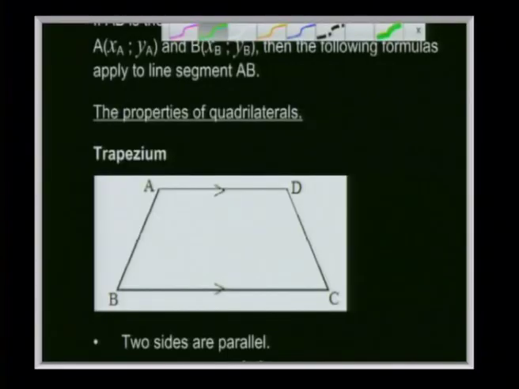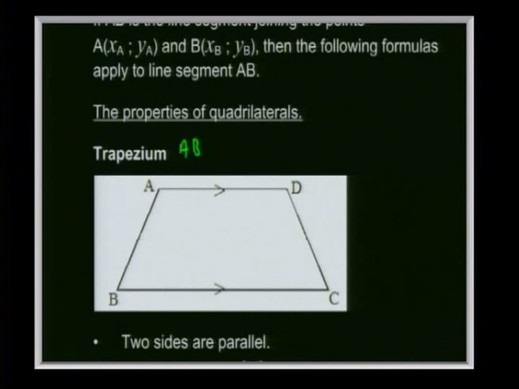So if you're told that ABCD is a trapezium, well, you know that one pair of sides are parallel. That's all. Just as a point of notation, I would call this trapezium ABCD. Why? Well, that's the order from A to B to C to D and back to A again. I know that someone out there would like to say, I don't like it in order like that, I'm going to call it CDAB.